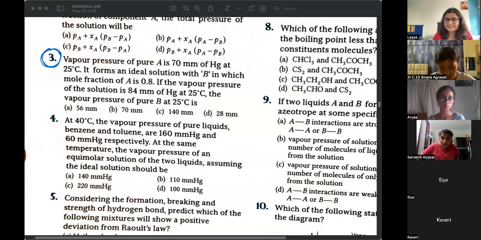Smera already got it done. Nice. So once you're done with 3, look at number 4 also. Do 3 and 4, and then we'll go to the next thing. Arya also did it. Okay, both of you got different answers.